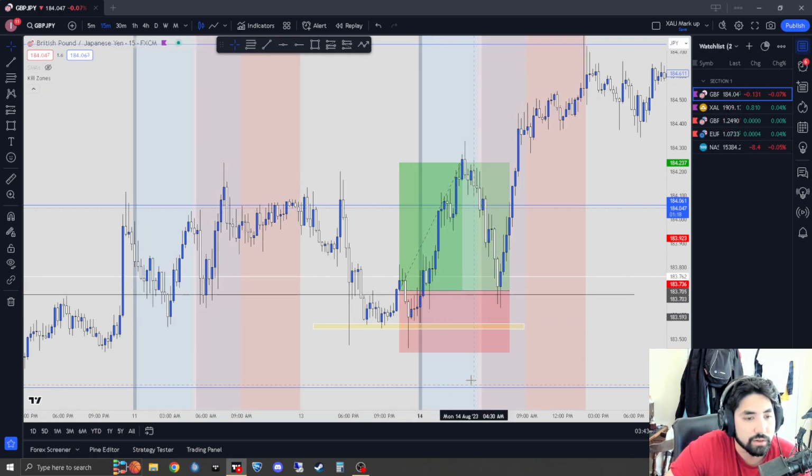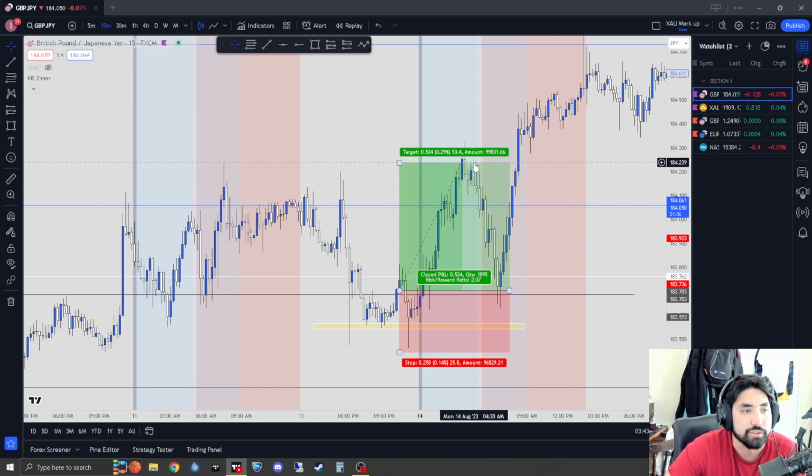This blue zone here is London session opening. So I can see liquidity comes in, comes back down a little bit, and continues to make these higher highs. You could take profits here if you want to do that, or you can trail your stops. I'll make a video on that later on how I trail my stops. But this video, I'm just going to retain to just entering and exiting the market.